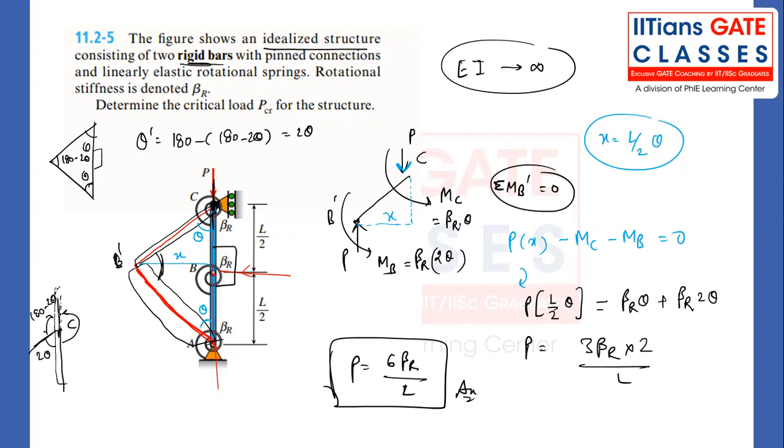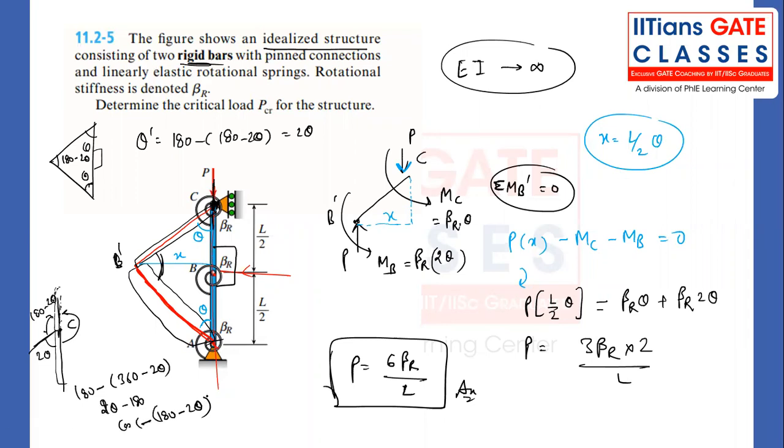So what is the angle? Initial angle is 180 degrees. Final angle is 360 minus 2 theta. So you are observing 2 theta minus 180 degrees, or 180 minus 2 theta, right?